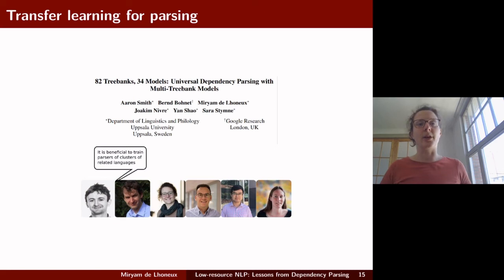In another of our own studies, which was our participation in the CoNLL 18 shared task, we found it beneficial to train parsers on clusters of quite closely related languages. So typically a Scandinavian cluster, for example, including Swedish, Danish, and Norwegian, performs really well. But if you train on languages that are a bit less related, like for example even just French and Italian, it is not as beneficial.